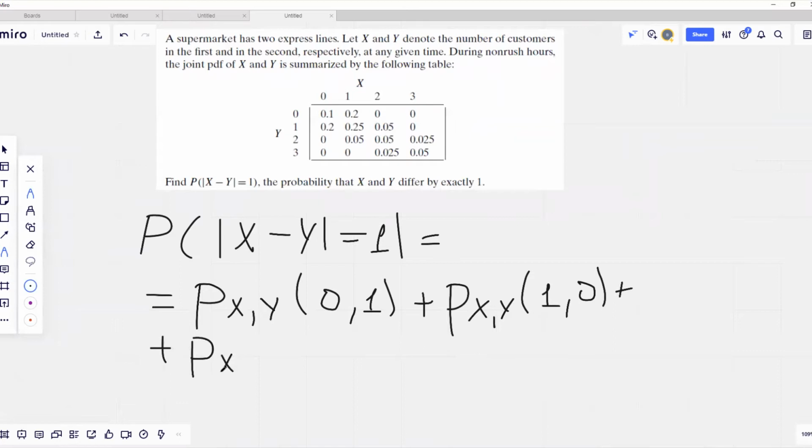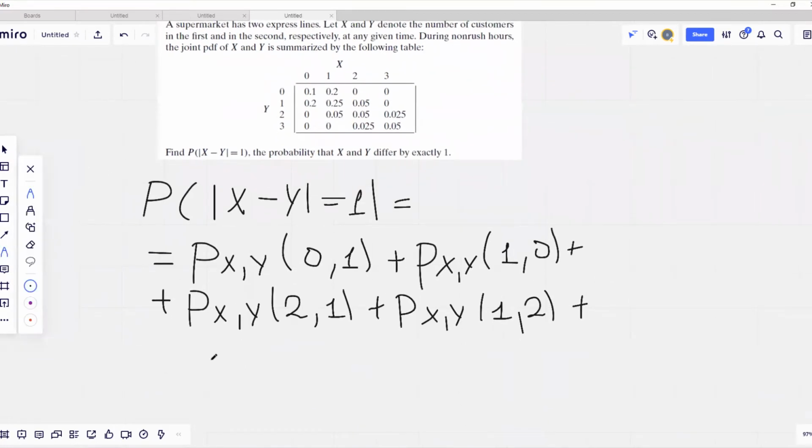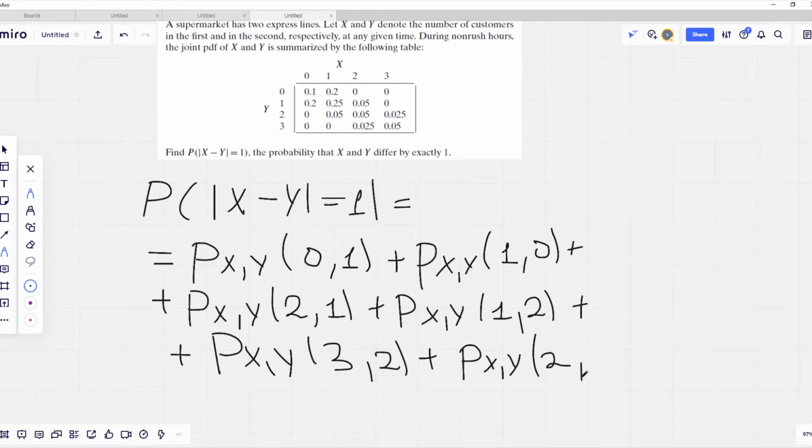Plus the probability that we have 2 customers in the first line, 1 customer in the second. Similarly, 1 customer in the first, 2 customers in the second, plus the probability that we have 3 customers in the first, 2 customers in the second, plus the probability that we have 2 customers in the first line and 3 customers in the second. All right, that should be it. That should include all such outcomes.